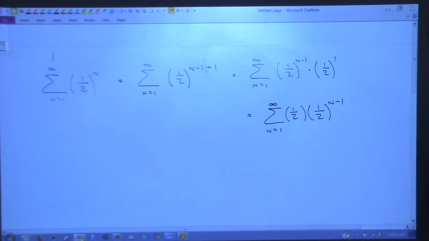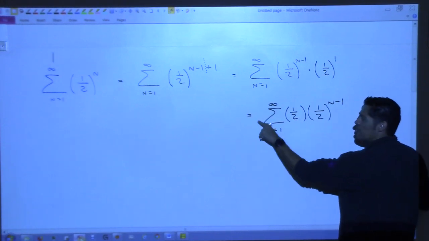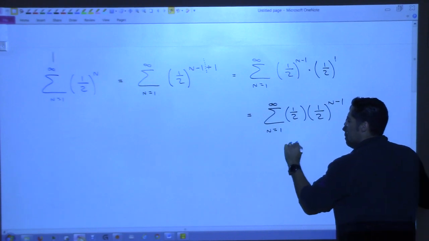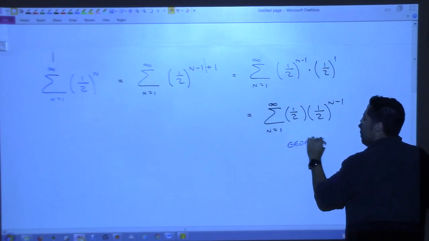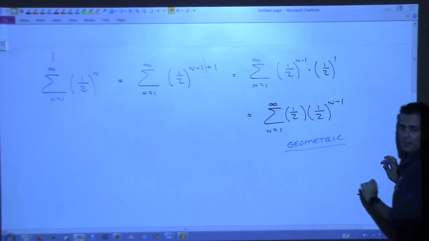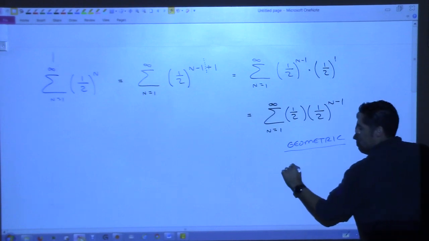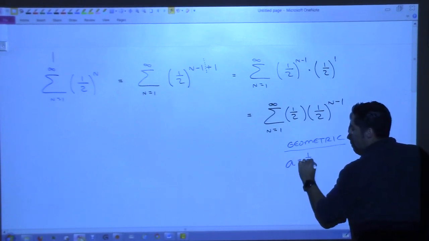Now does that look geometric? Yes? So this is geometric now. You could pull this sum out, but in the formula we need an a, right? But yes, you can. You could pull this out. You just have to leave it out there. I'm going to use it in there. So A is a half, right?